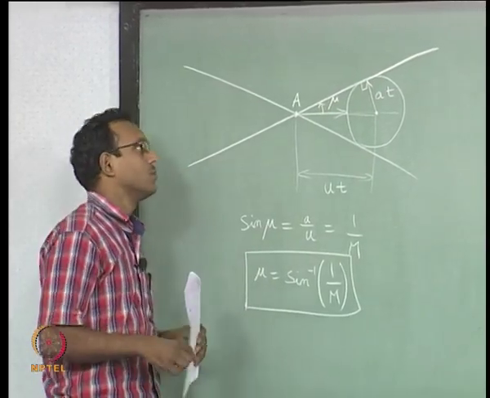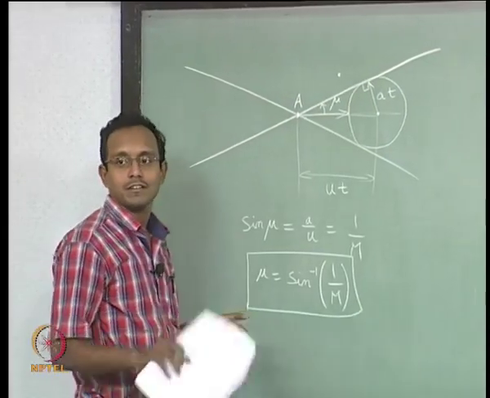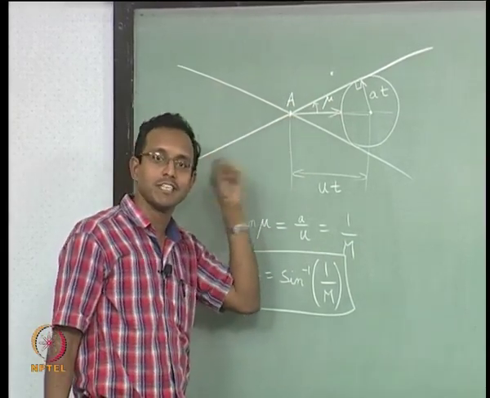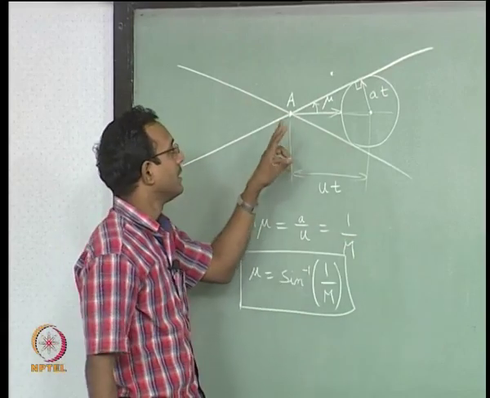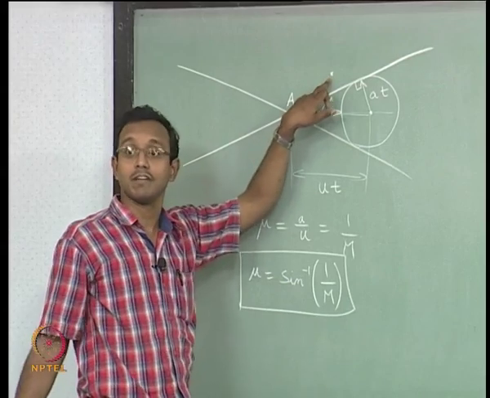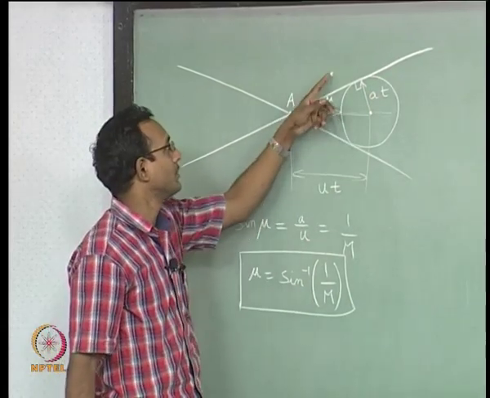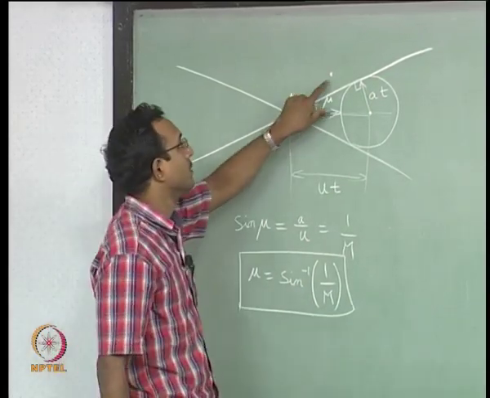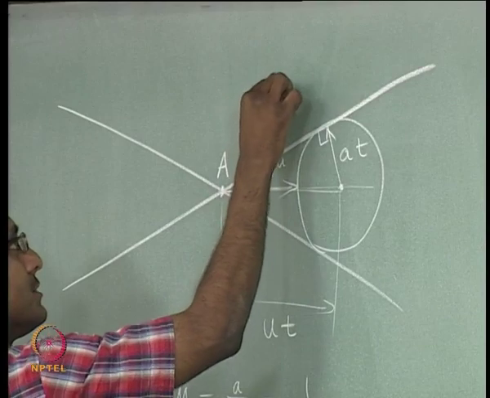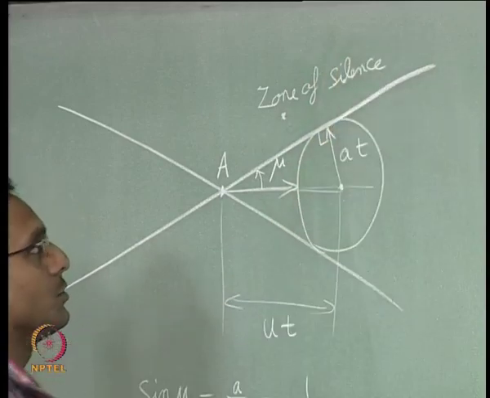Now, we already said that the information never reaches this particular point outside there. That says that if this point wants to affect some change in the flow field somewhere, that information can never reach this point, even if I wait for long enough time, because the fluid is going to be pushing the waves out this way. No wave is going to reach this point, and because of that, I can call this region the zone of silence.